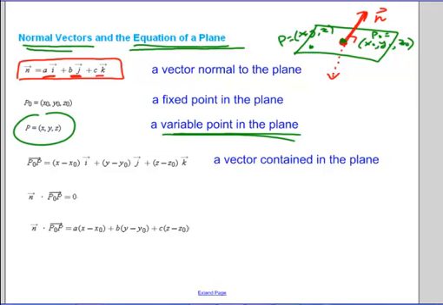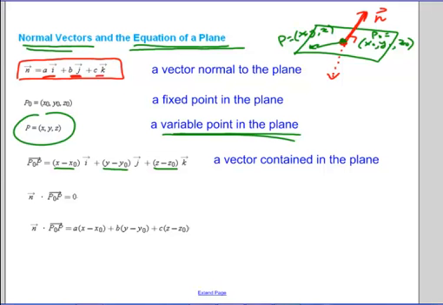All right. So then we could get the vector p naught to p. This vector here would be x minus x naught i plus y minus y naught j plus z minus z naught k. We already know how to find that; it's a displacement vector. And now here's the big thing.